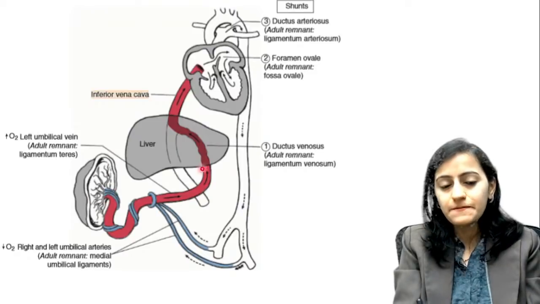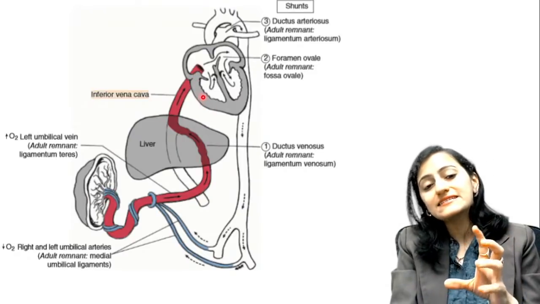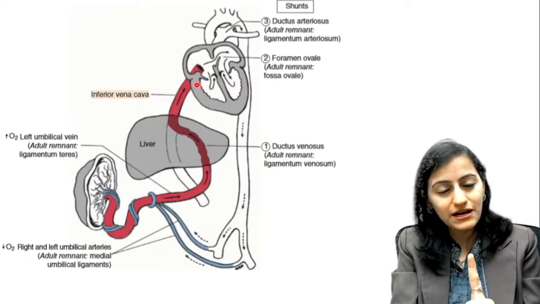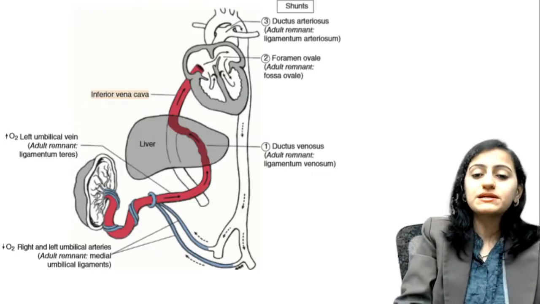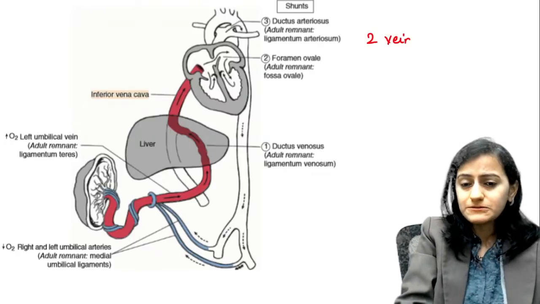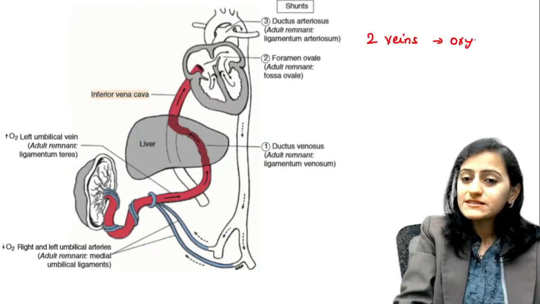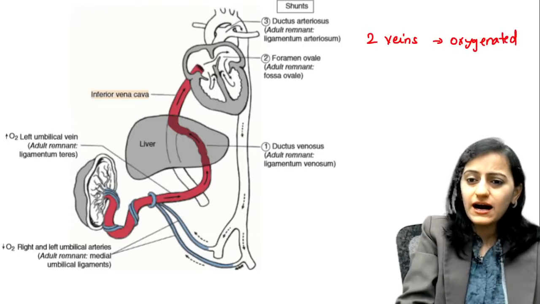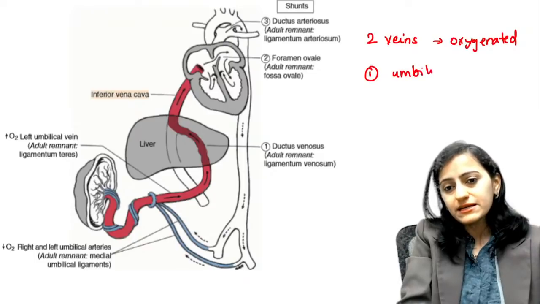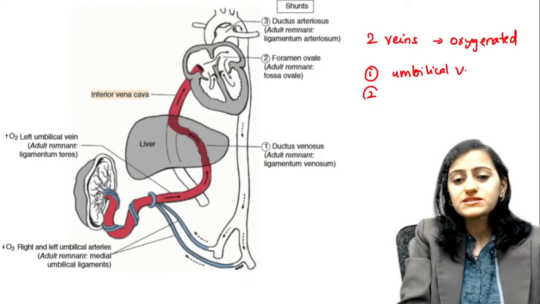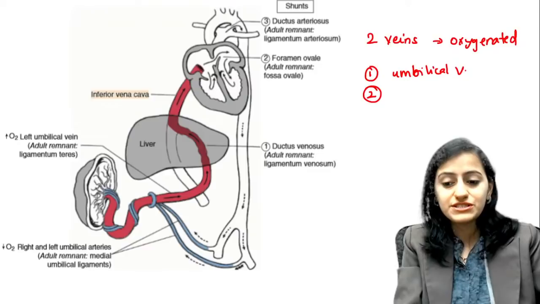From the placenta, the umbilical vein carries the oxygenated blood. Please remember that. The veins in the body which carry oxygenated blood are two, otherwise veins are deoxygenated. One is the umbilical vein and the second one is the other vein which carries the oxygenated blood.